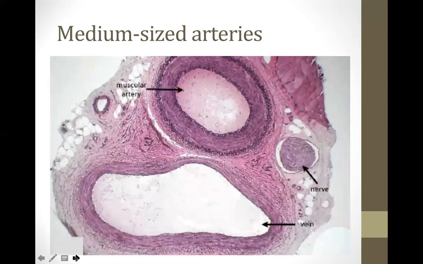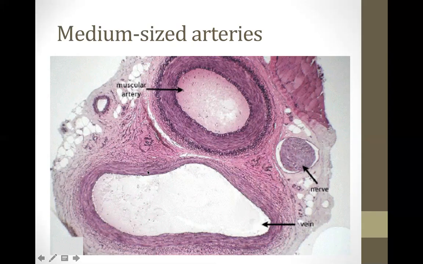Here. Usually, class, if there's a medium-sized artery, there is also a medium-sized vein. I've already said the differences. Look at the lumen of your medium-sized artery. It's smaller compared to the collapsed, larger lumen of the medium-sized vein.